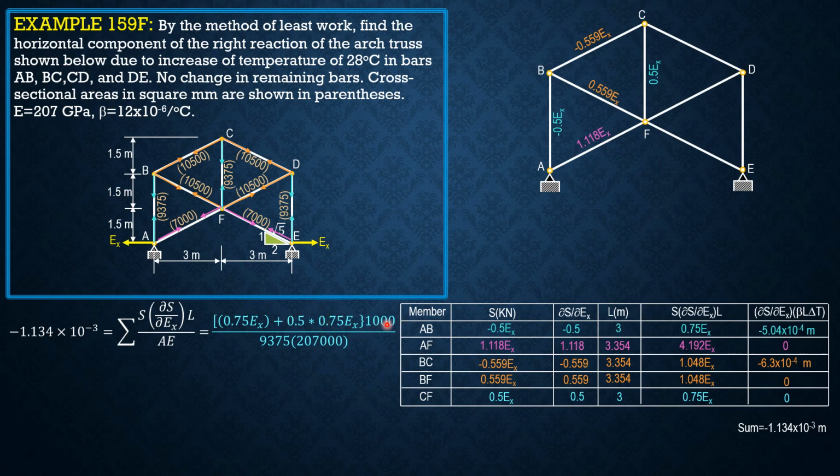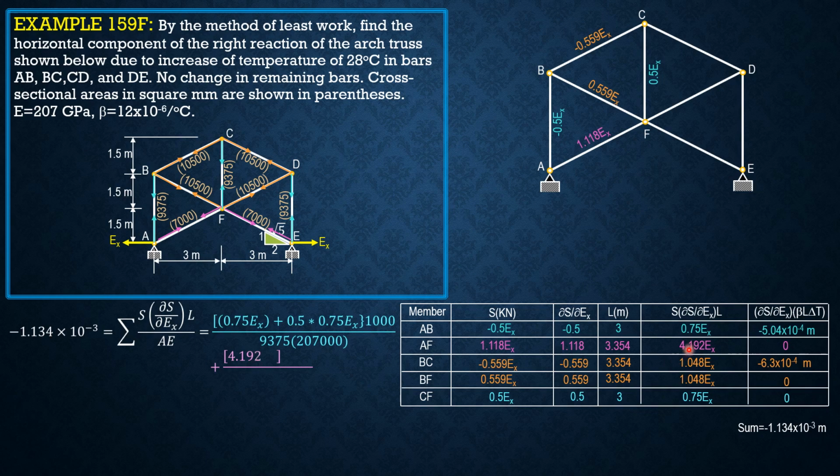So we multiply 1000 so that kilonewtons will be in newtons. The denominator is area in mm squared, then this is in Newton per mm squared, so the denominator is in newtons. The numerator is in Newton meter, so that is consistent.